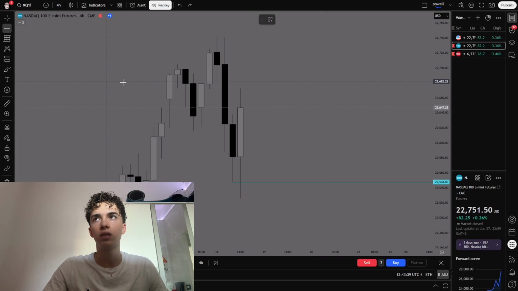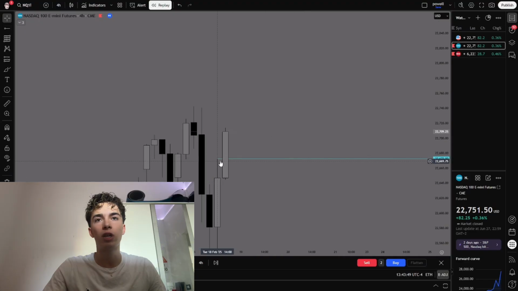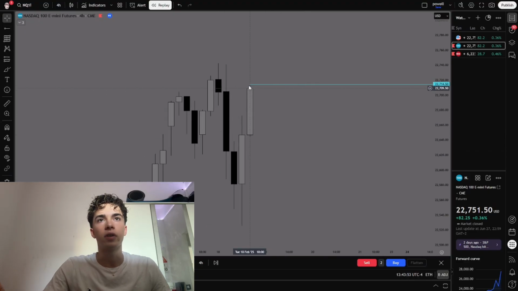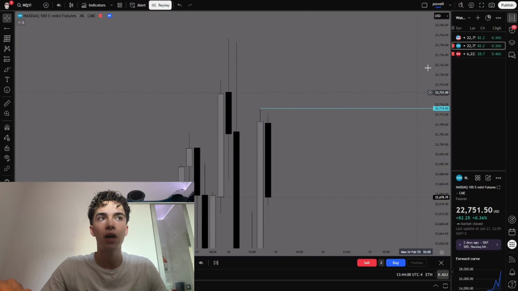Okay, very easy. Taking out the high, we close above the level, we aim for the weak high. It got edged so bad, but it's fine.